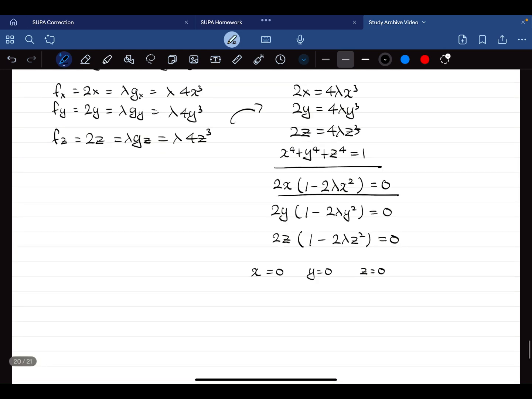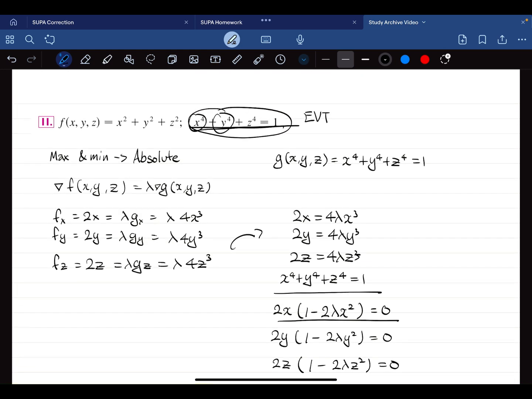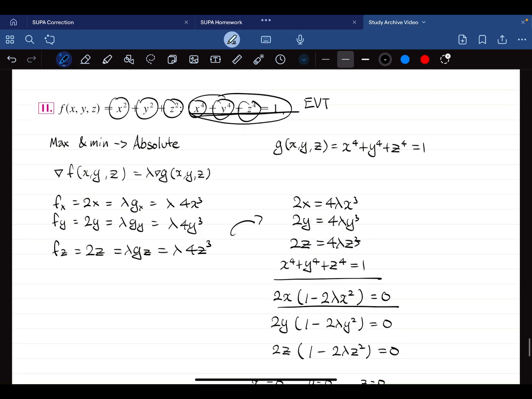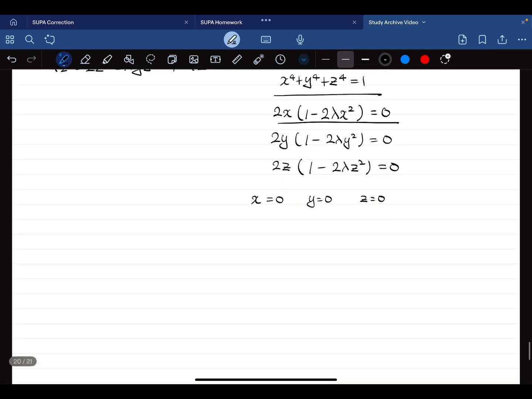And we do realize that for our constraint and for our original function, all these variables are interchangeable. If we swap x and y, or z and x, or y and z, none of them are going to change. So we call these symmetric, both our constraint and our function.